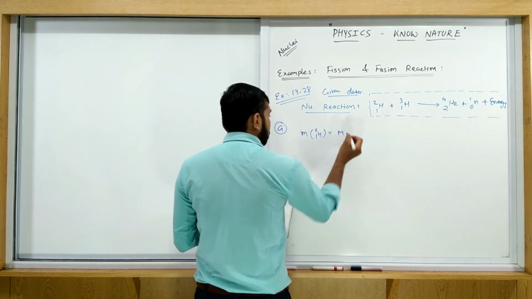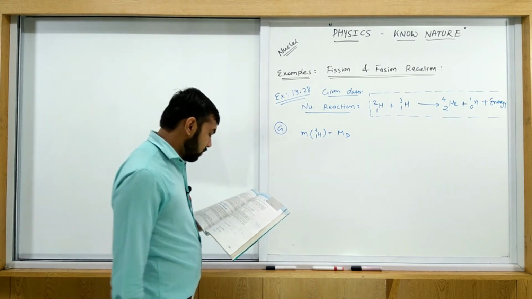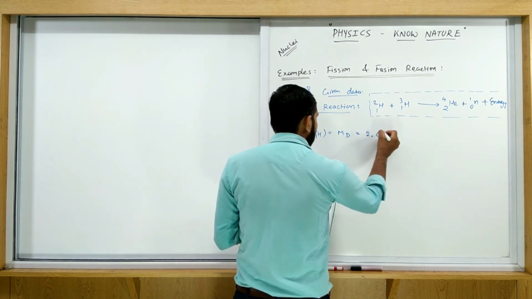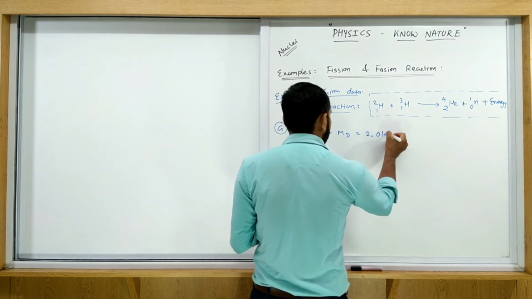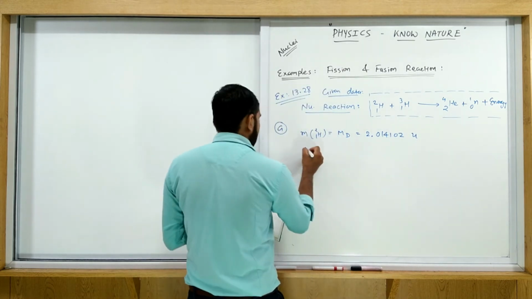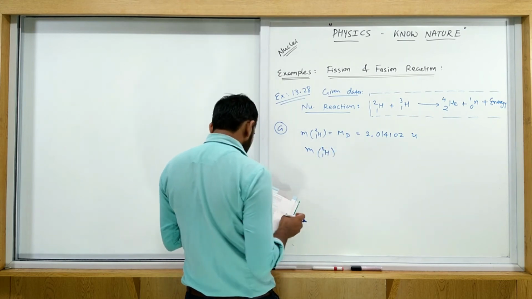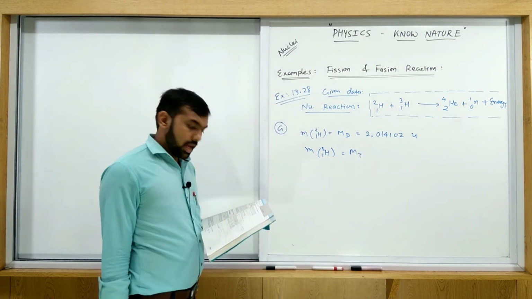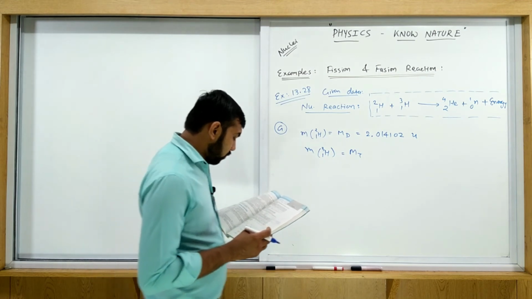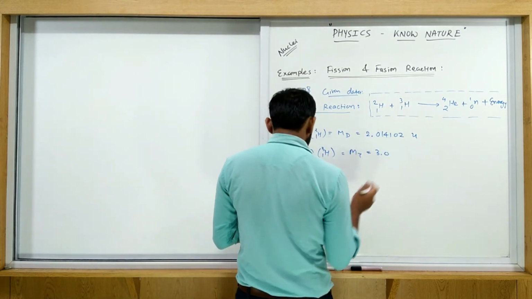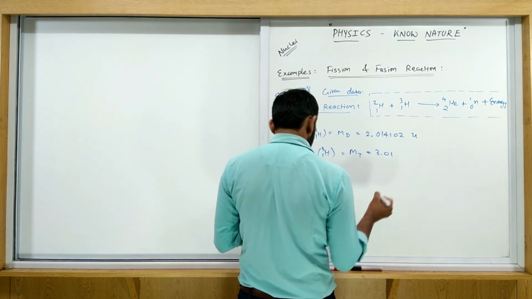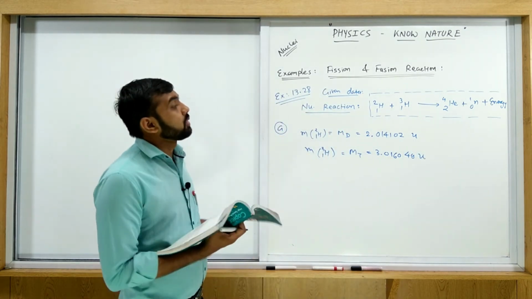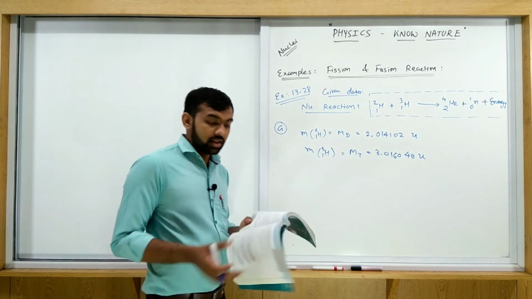Let's consider this is the mass of deuteron. Md is equal to 2.014102 AMU, and the mass of tritium, let's consider that as Mt, is equal to 3.016049 AMU.